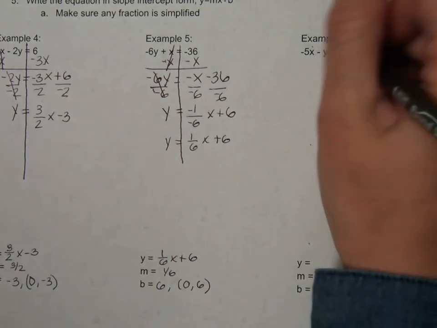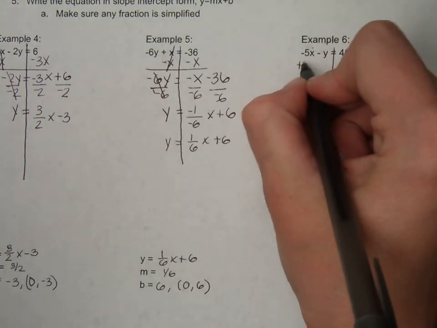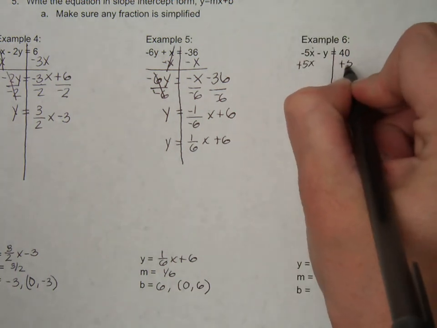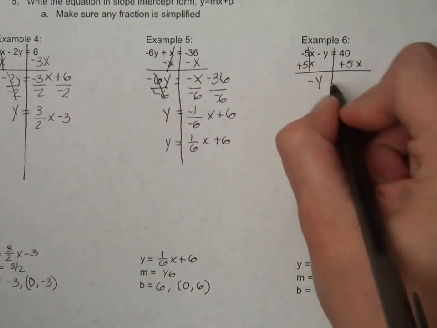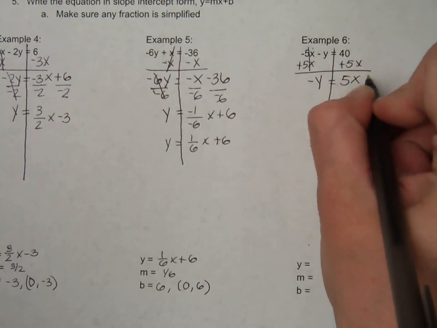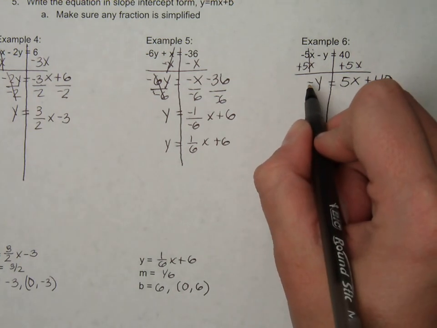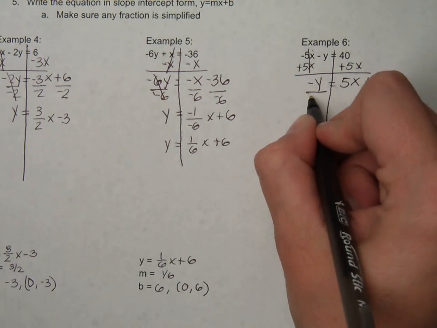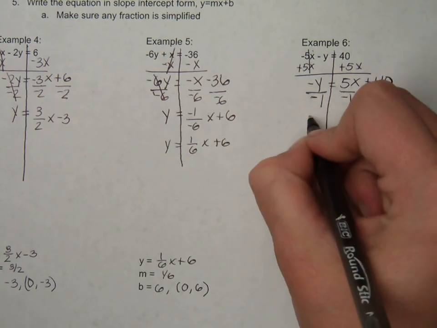And we have one last example. Since this is negative 5x, we add 5x to both sides. That leaves me with negative y equals 5x plus 40. Remember, the negative sign can't stay here, so we need to divide by the negative sign, or divide by negative 1. Both are the same thing.